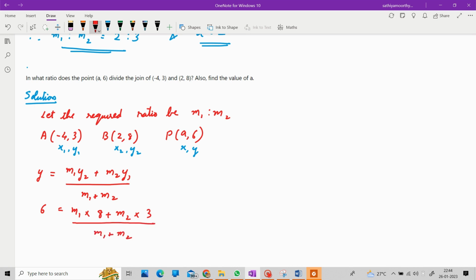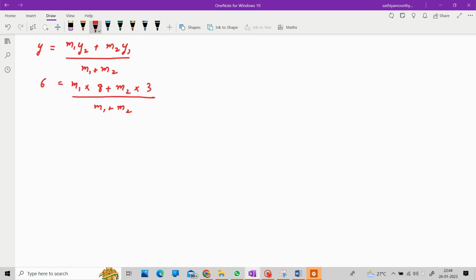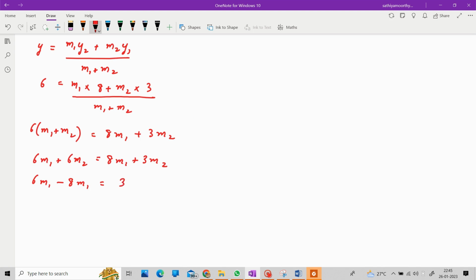So now cross multiply I get 6 into m1 plus m2 is equal to 8 m1 plus 3 m2. So if I cross multiply, let me multiply with 6. 6 m1 plus 6 m2 is equal to 8 m1 plus 3 m2. Let me take m1 to one side and m2 to the other side. So 8 m1 comes to the left hand side. Now right hand side 3 m2 minus 6 m2.